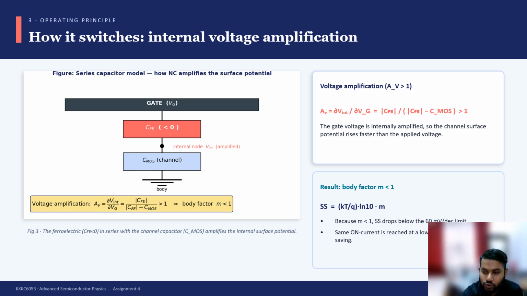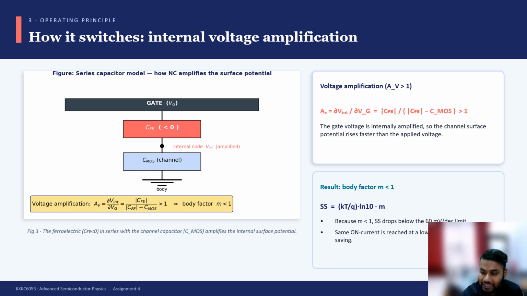Okay, so how does negative capacitance actually help switching? Think of the gate stack as two capacitors in series, with the ferroelectric now acting as a negative capacitor on top of the transistor's normal channel capacitor, C_MOS.